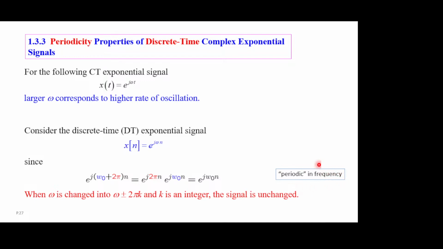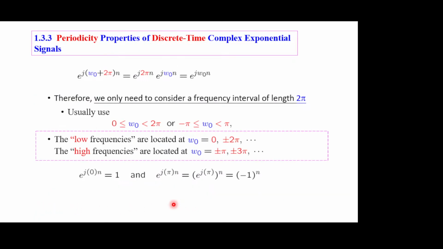So your frequency is kind of periodic, because if you change your frequency by a multiple of 2 pi, your signal doesn't change at all. So we only need to think about this omega naught in some interval of 2 pi.